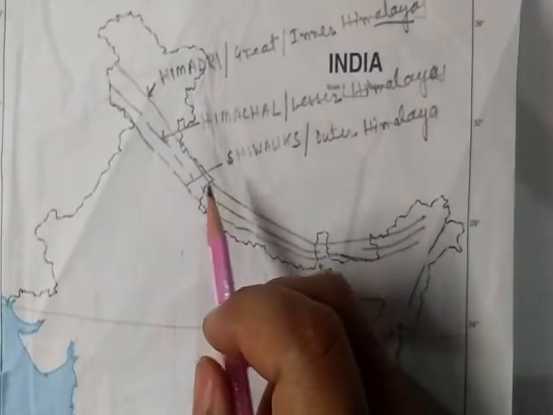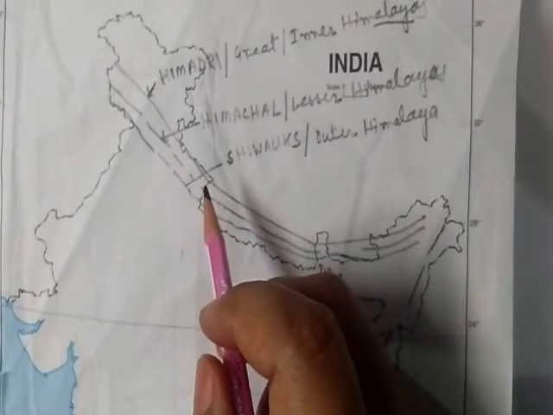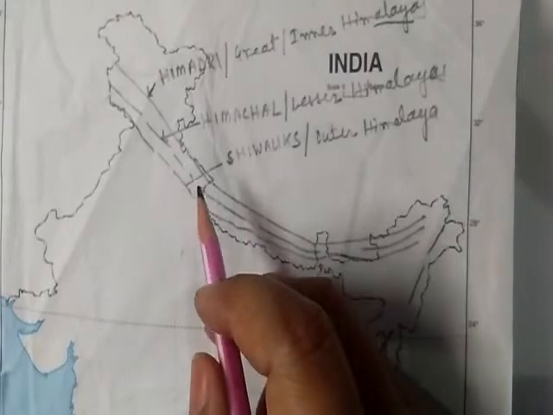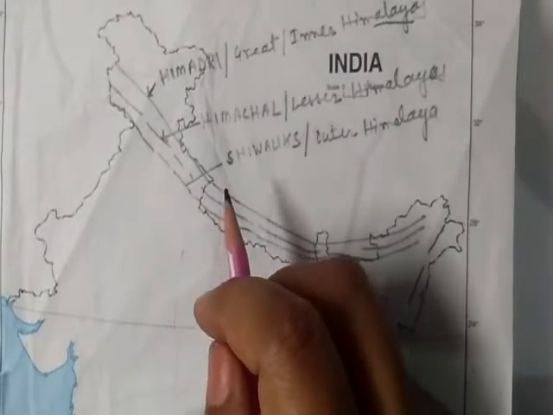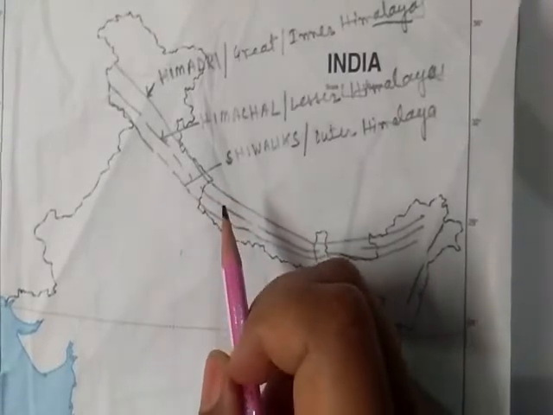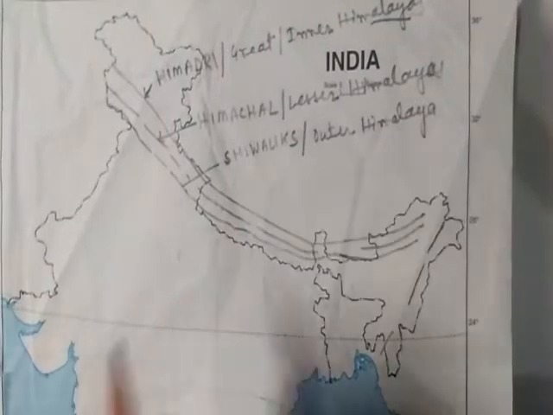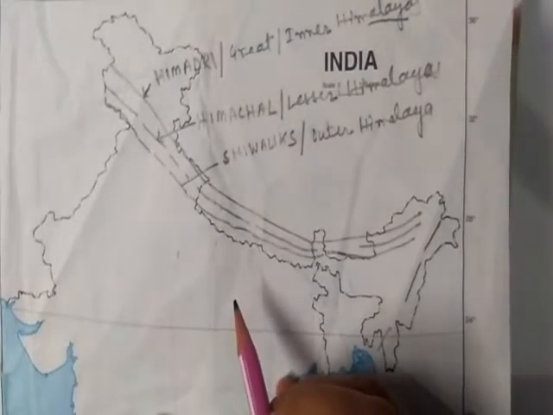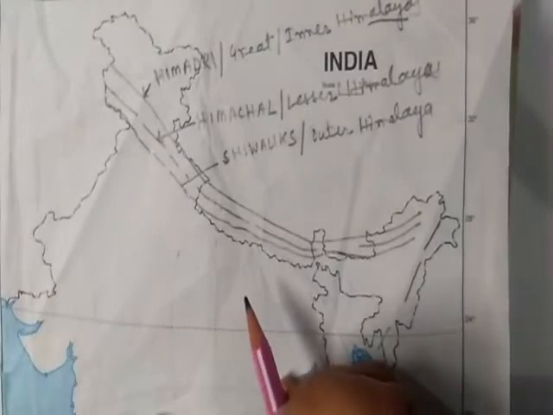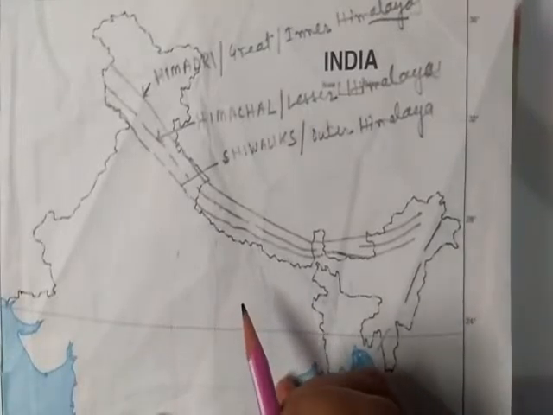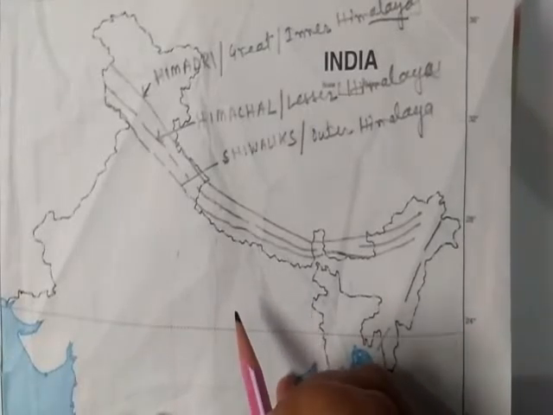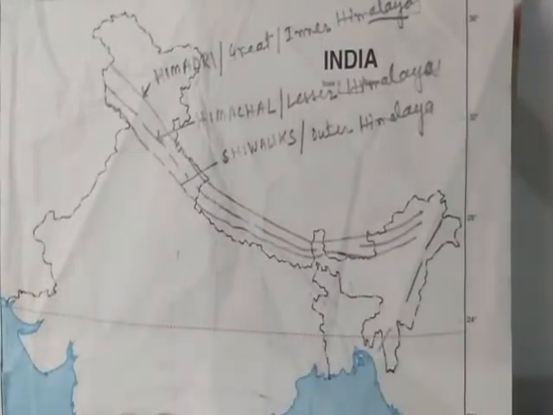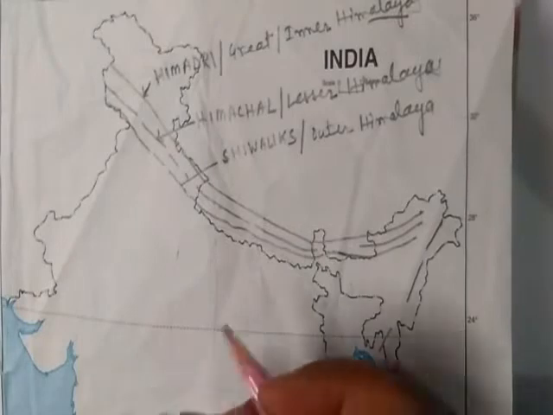These ranges contain the famous valleys of Kashmir, Kangra and Kulu in Himachal Pradesh, and this region is well known for its hill stations like Mussoorie, Nainital, Ranikhet, and so on.